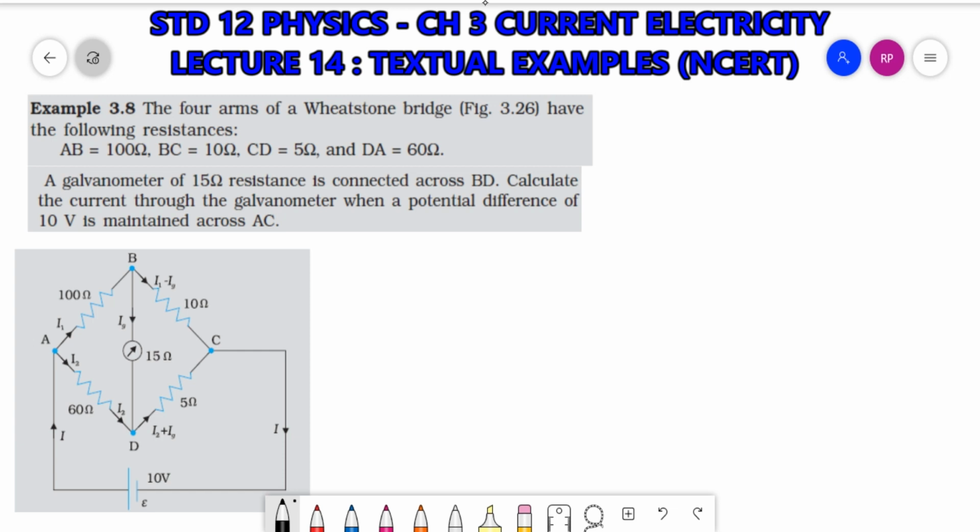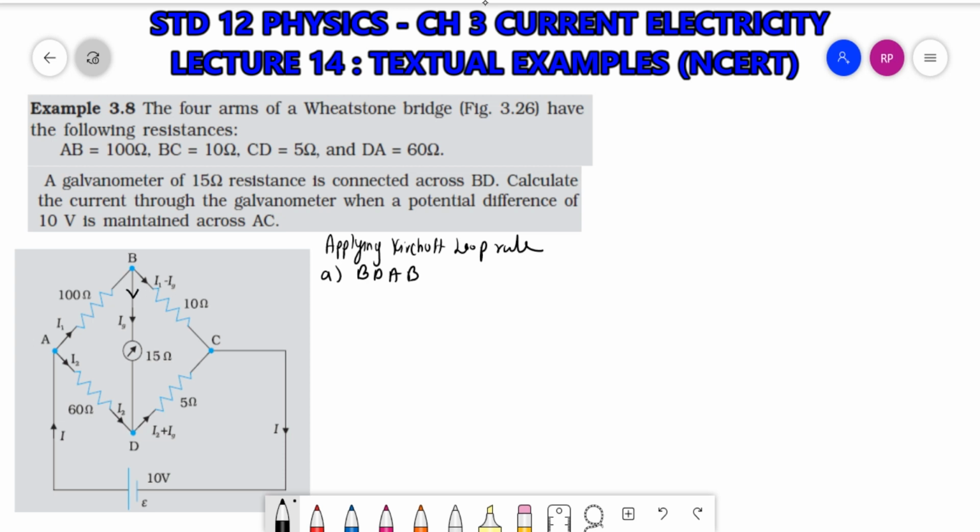Okay. So now again we will use Kirchhoff's second rule. Applying Kirchhoff's loop rule, first let's take the loop B, D, A, B. When I move from B to D, the current IG is flowing and the resistance is 15.